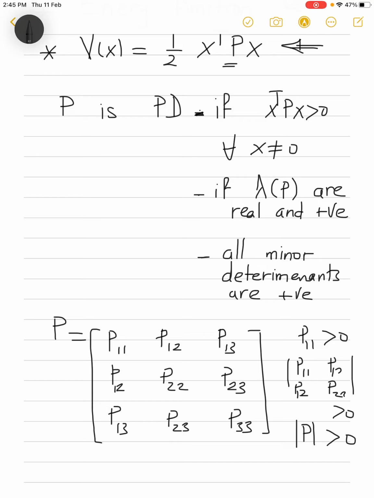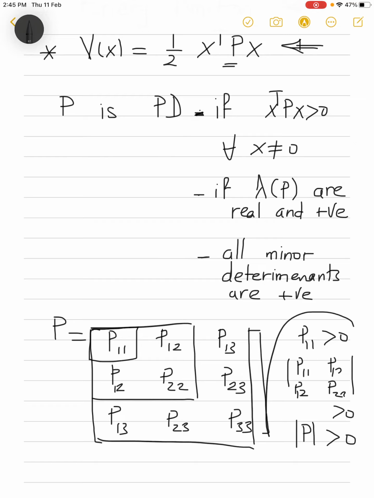By the minor determinant, I mean to take the first element 1 by 1, second element 2 by 2, and then the whole matrix if it is 3 by 3. So in that case we will find every determinant to be positive. If this is satisfied, then we say that P is positive definite.